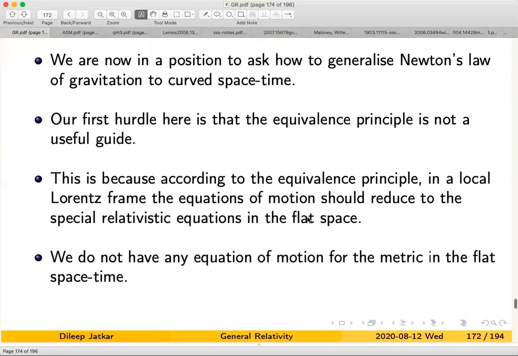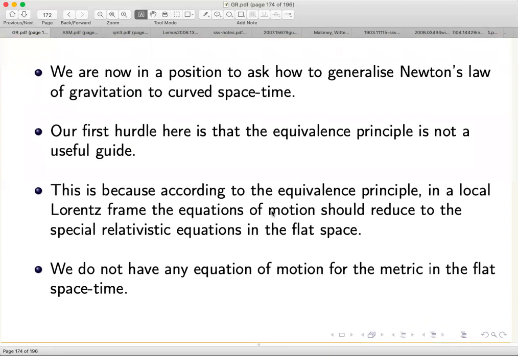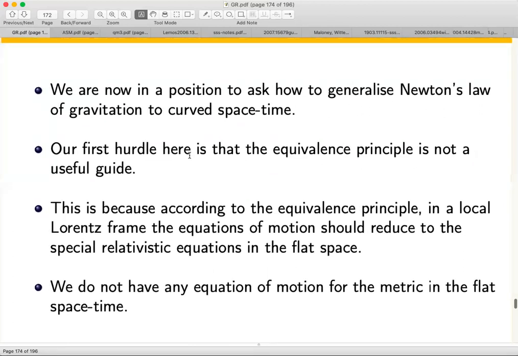Besides generalizing Newton's law of gravitation, we can take another point of view: the space-time metric carries information about the curvature of space-time, and if curvature is related to gravity, which is the proposal, then we might ask what equation the metric satisfies. That also has no guidance, because in flat space-time the metric is the Minkowski metric and did not satisfy any equation.